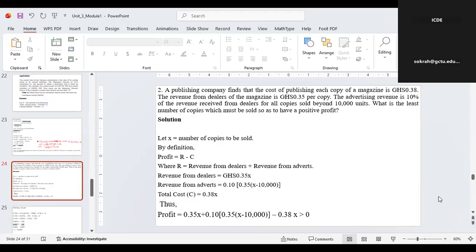The advertising revenue is 10% of the revenue received from dealers for all copies sold beyond 10,000 units. What is the least number of copies which must be sold so as to have a positive profit? So this is a question for us.